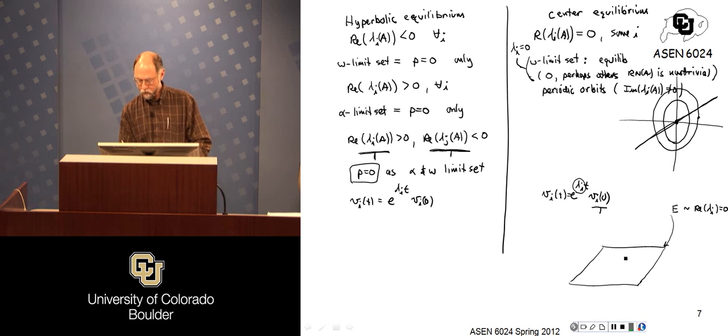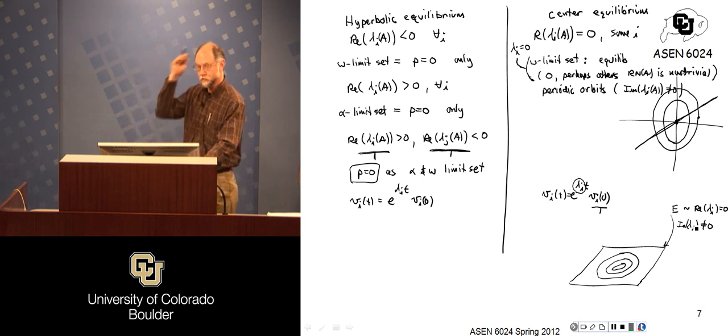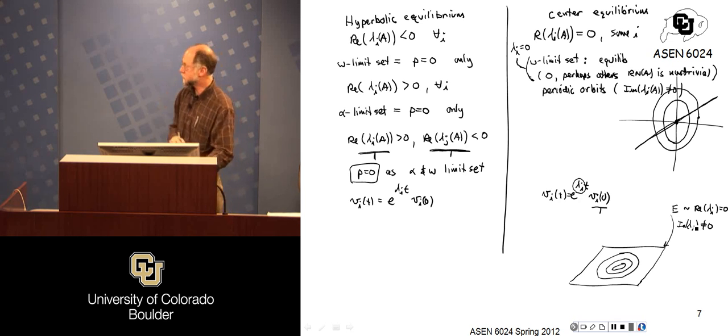And so in this plane, we know we get these periodic orbits, say. So in this example, I'm presuming that the imaginary part of lambda I is not 0, so I get these oscillating orbits instead of just equilibria.